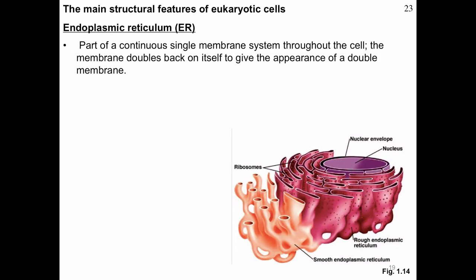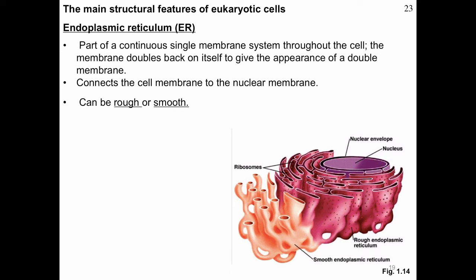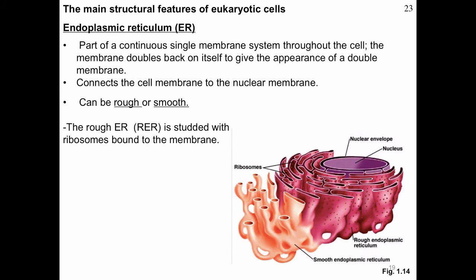The endoplasmic reticulum is a part of a continuous single membrane system throughout the cell. The membrane doubles back on itself, giving it the appearance of a double membrane. The endoplasmic reticulum, or ER, connects the cell membrane to the nuclear membrane. The ER can be rough or smooth.